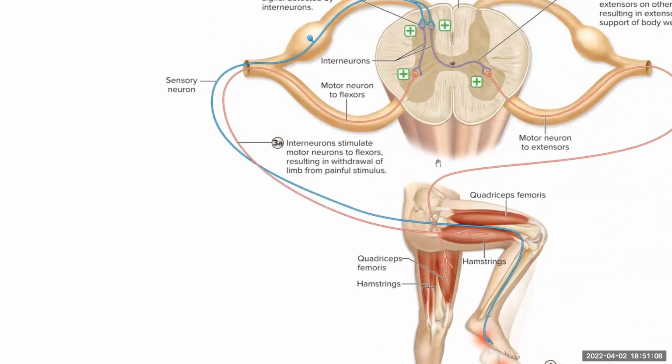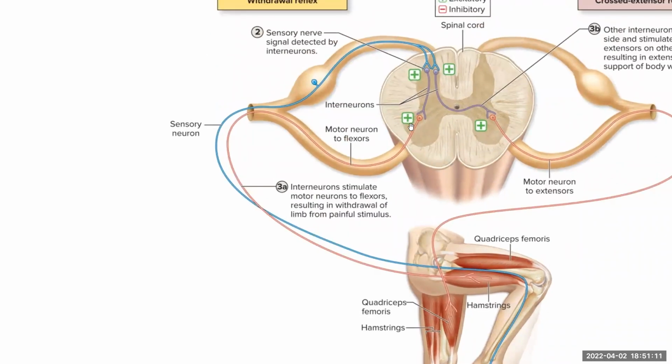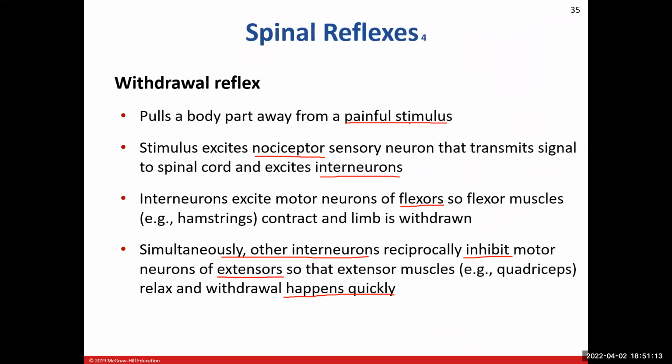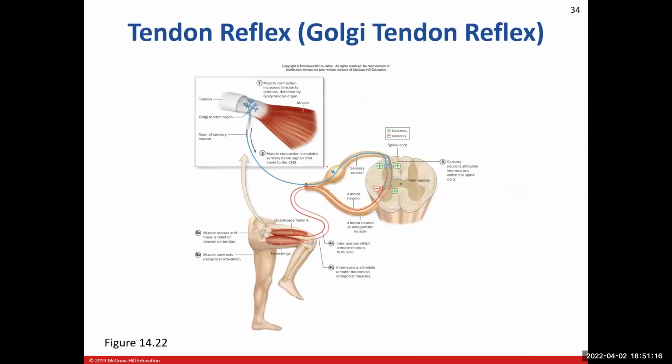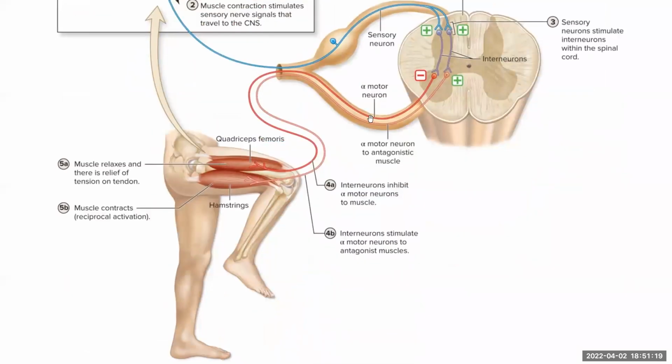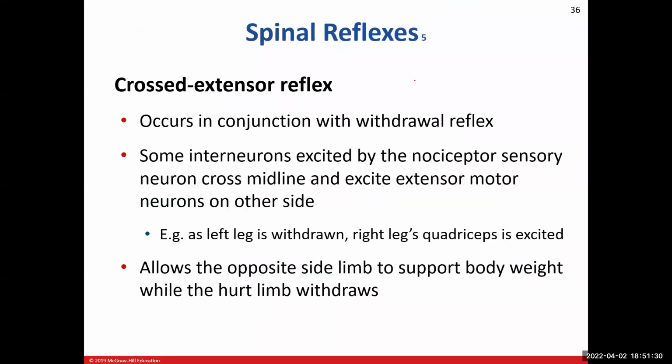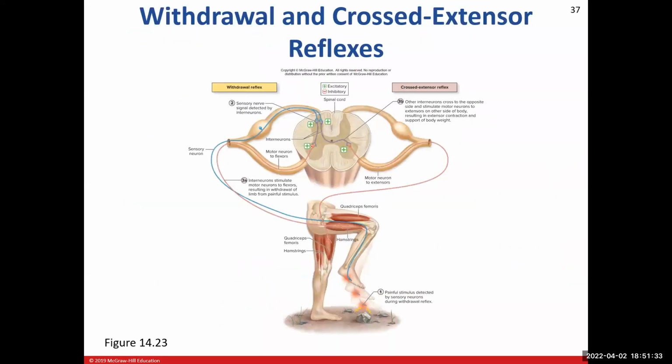Now, it's not shown here, but at the same time, let me go back to this previous slide with the withdrawal reflex. I'll just draw my own. We are going to see the motor neuron here to the quadriceps group that will be inhibited.